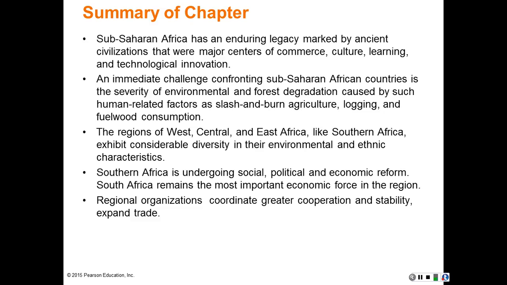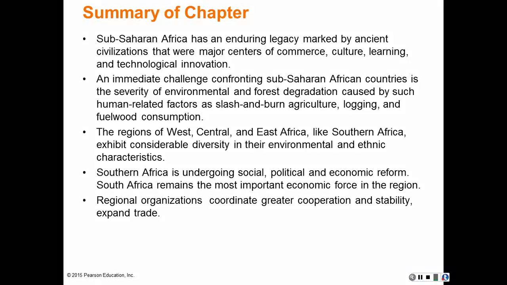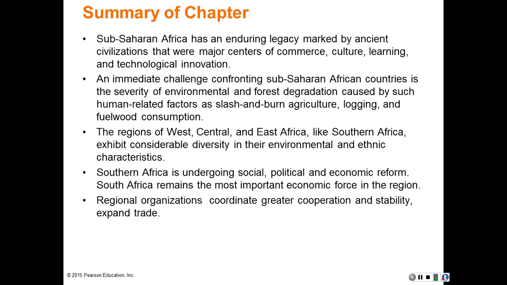An immediate challenge confronting sub-Saharan African countries is the severity of environmental and forest degradation caused by such human-related factors as slash-and-burn agriculture, logging, fuel wood consumption as an energy source, as well as the prevalence of resource extraction as an economic activity. The regions of West, Central, and East Africa, like Southern Africa, exhibit considerable diversity in their environmental and ethnic characteristics.